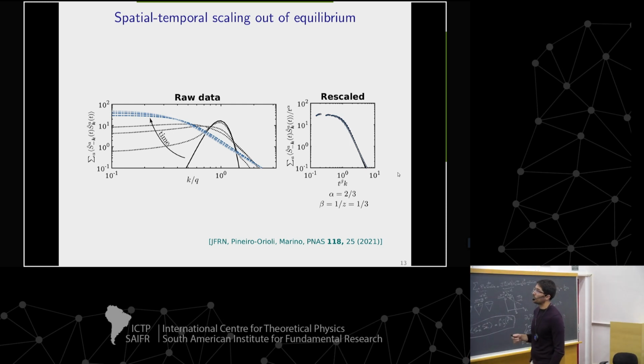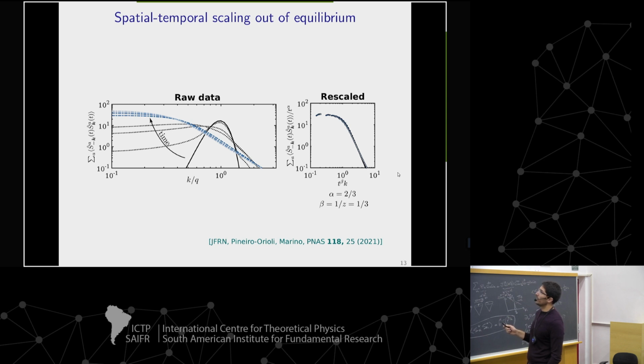So this is raw data. On the y-axis, I'm plotting the equal-time spin-spin correlation function as a function of momentum. As I mentioned, in the initial condition I have a peak, which describes this spin spiraling in real space. As you let it evolve a little bit, you will see that the order is destroyed, and then you get some distribution which evolves in time. You will see that there is a flow of spectral weight towards lower momenta.